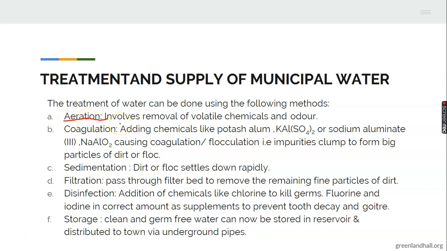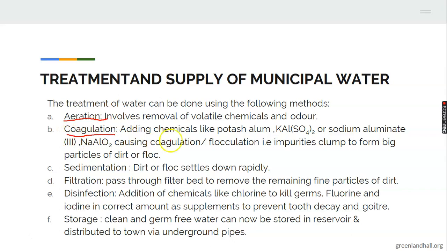Aeration involves exposure of the water to air in order for the odor and volatile chemicals to be removed. When you expose it to air, the odor will be removed, as well as the volatile chemicals, which are hydrogen sulfide and carbon dioxide.